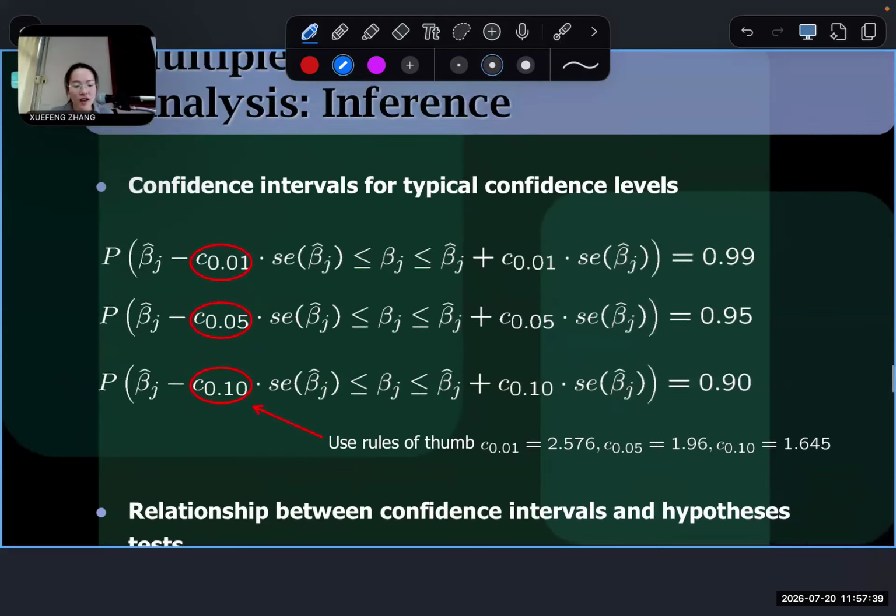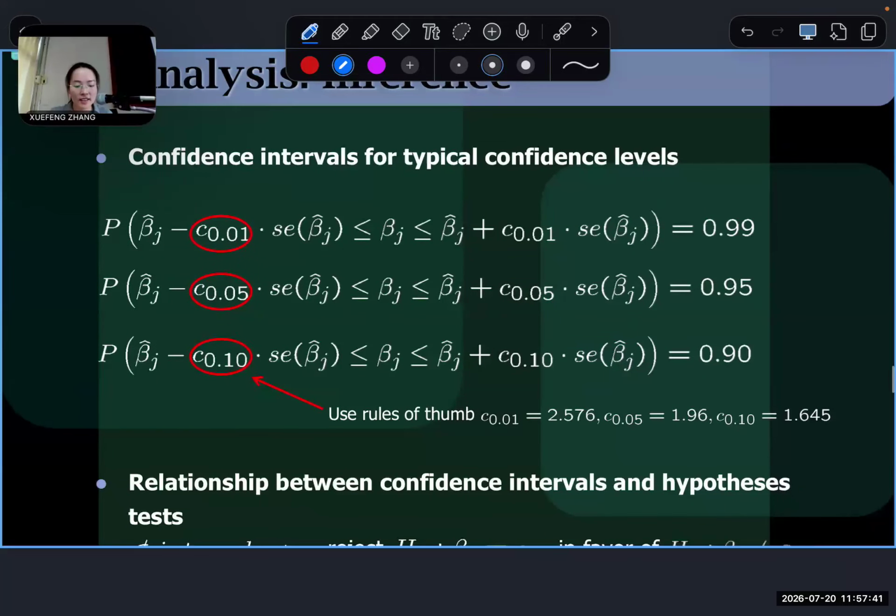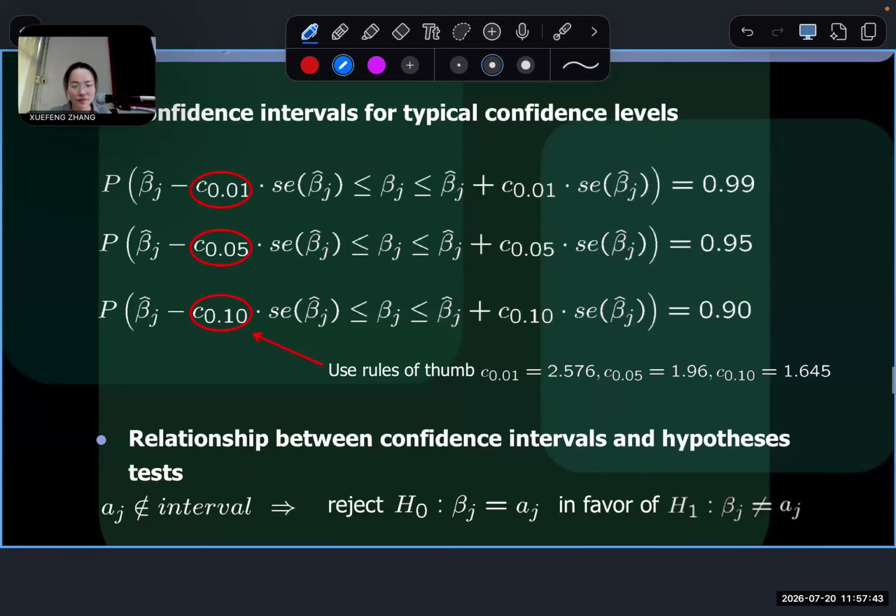Next one, confidence interval and testing. Same idea, okay? We have 3 common confidence intervals: 99%, 95%, or 90%, okay? Here we just plug in different critical values, right?